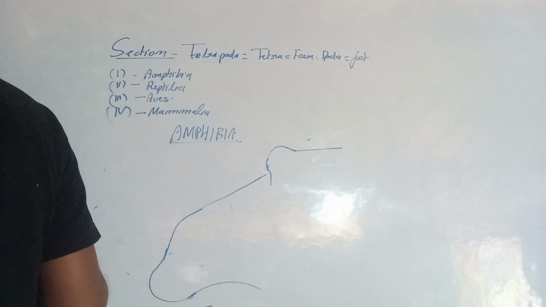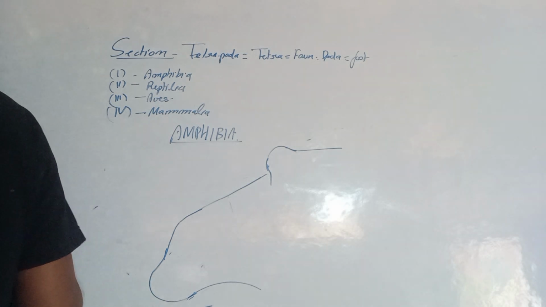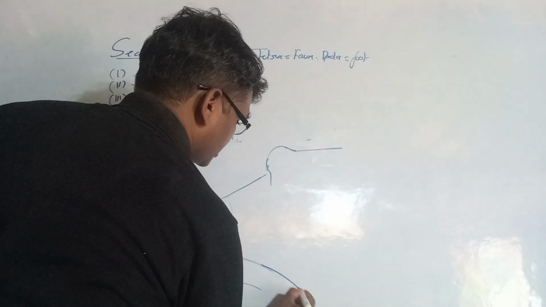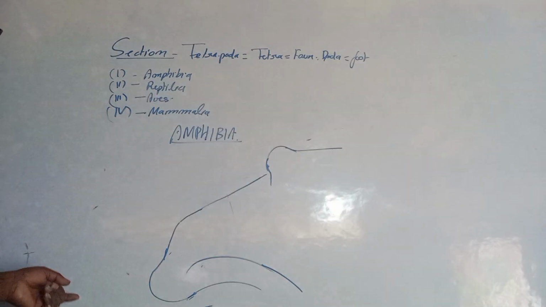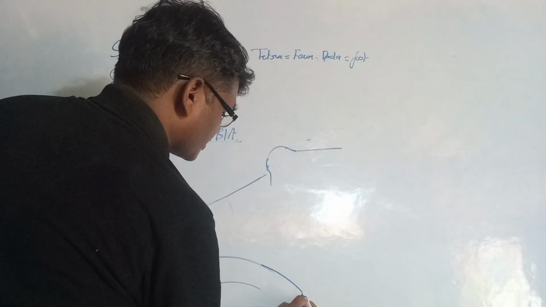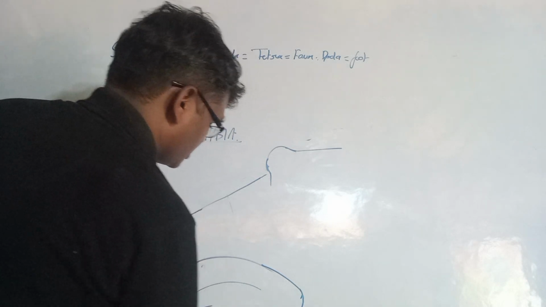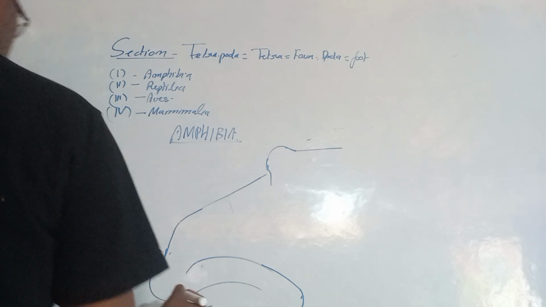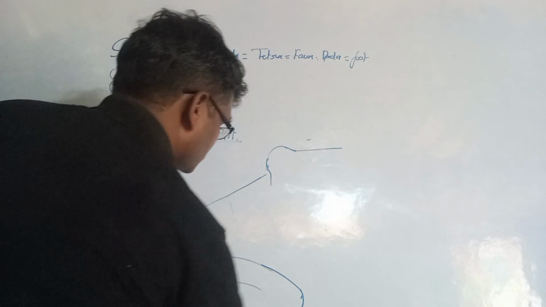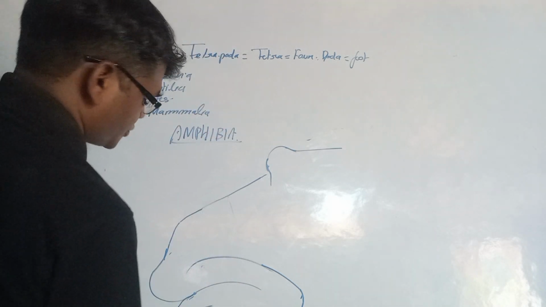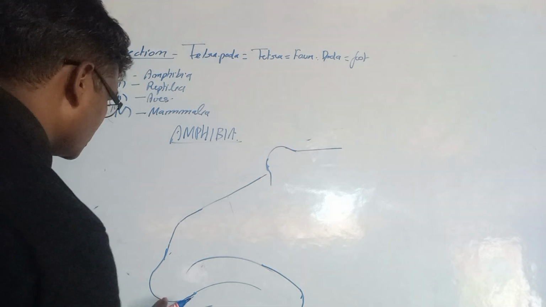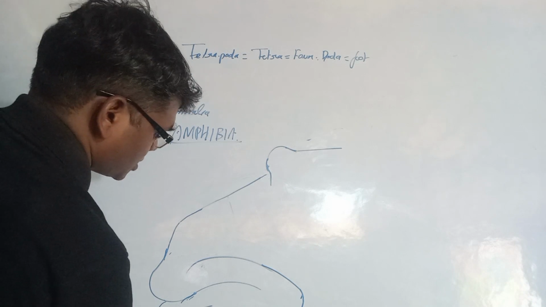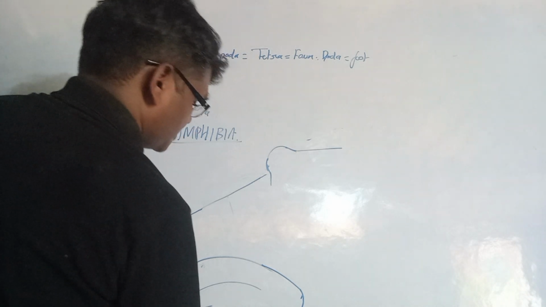I hope you are watching it clearly, and this division will be like this, and then further these parts will also be covered. Furthermore, we will draw this structure here.